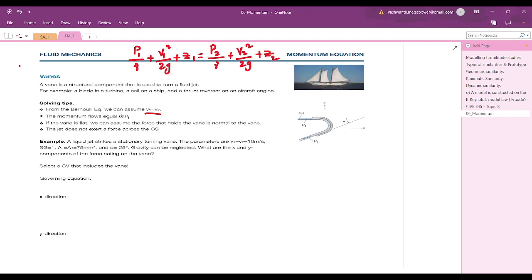Next, the momentum flow is equal to m dot V1, as already known to us. If the vane is flat, we can assume the force that holds the vane is normal to the surface, normal to the vane, if the jet does not exert a force across the control surface.